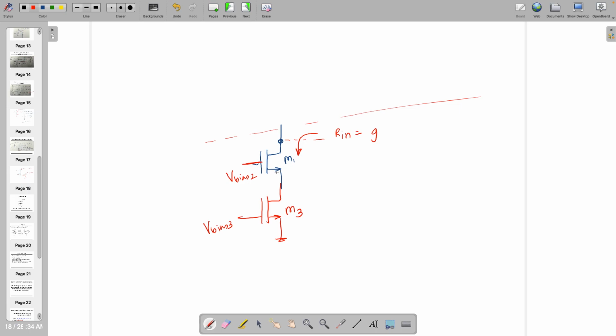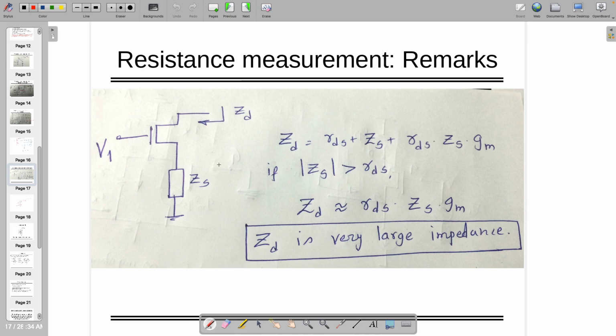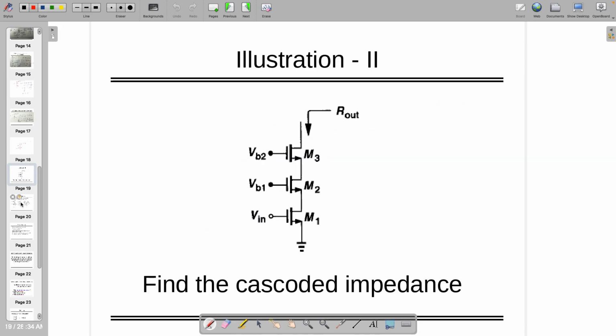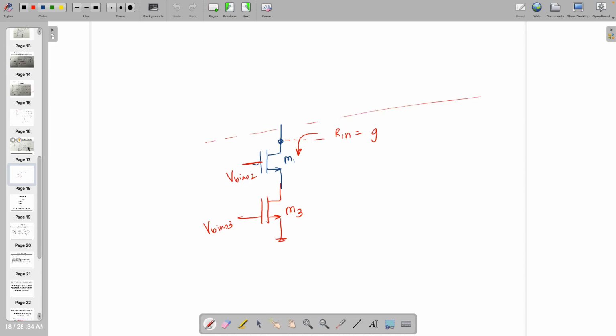What was the answer? Follow this and give me the answer. Now, Gaurav, what's the answer here? Sir, GM1 into RO1 times RO3.